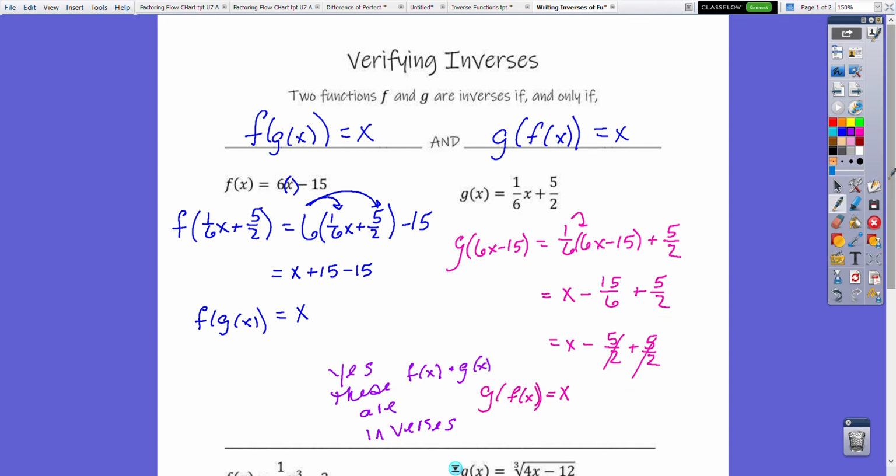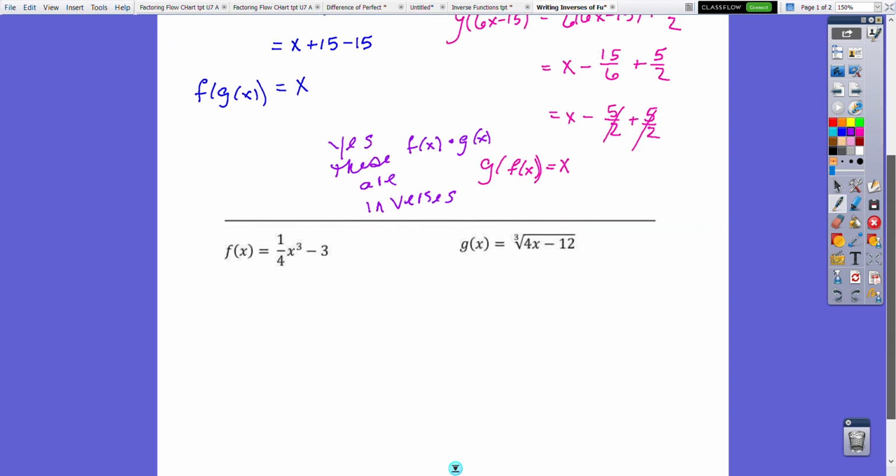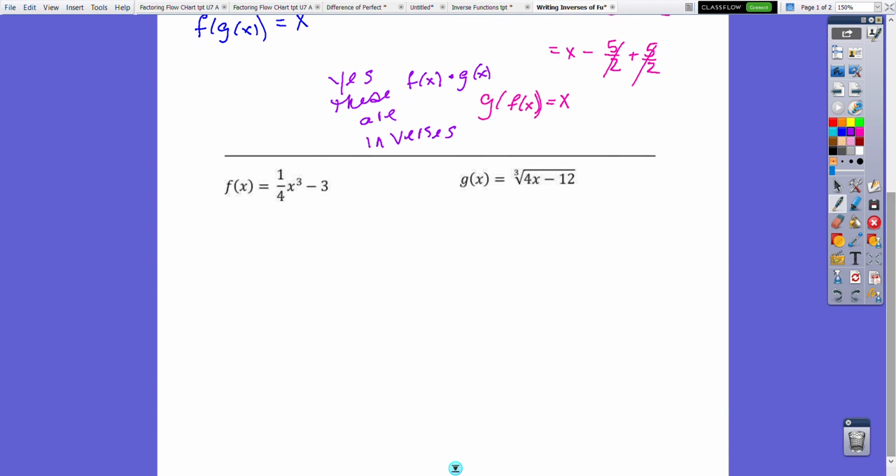Let's look at the second example here. In this case, I have f of x equals 1/4 x cubed minus 3, and g of x equals the cube root of 4x minus 12. The first thing I'm going to do is exactly what I did up above. I'm just going to plug my g of x into my f of x.